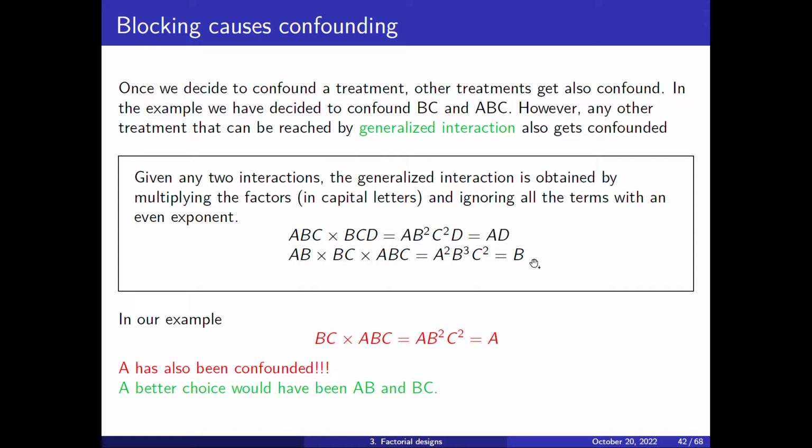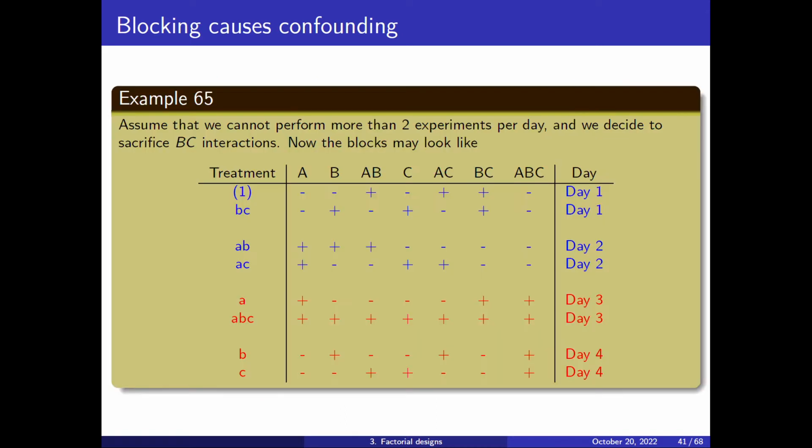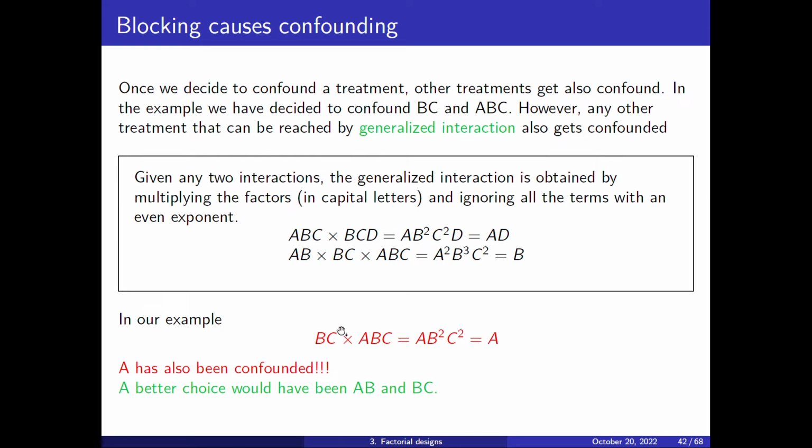So in our example, we have decided to confound BC, but also ABC is confounded. ABC is confounded between day 1 and day 3, and day 2 and day 4. So we have decided to confound BC and ABC with the blocks, but then that means that A is also confounded, because in this generalized interaction algebra, A is also confounded.